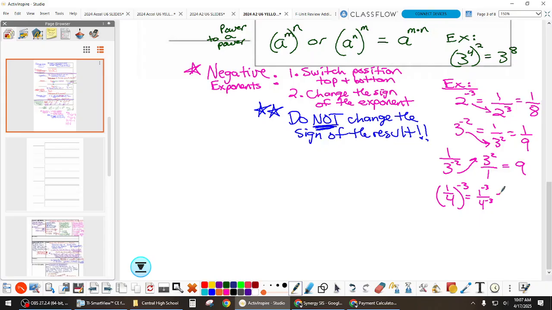So this becomes 1 over 4 to the negative 3. It's in the denominator. Where does it go? Move it up, and change the sign of the exponent to 4 cubed. 4 cubed is what? 64. So, again, no change in sign of the answer. There's no negative anywhere. It's just 64. Seem okay?